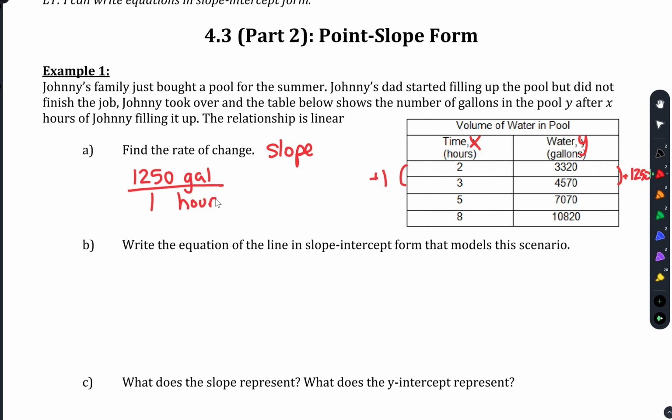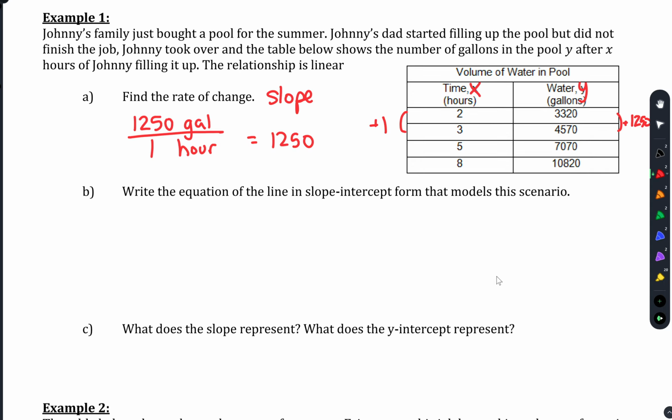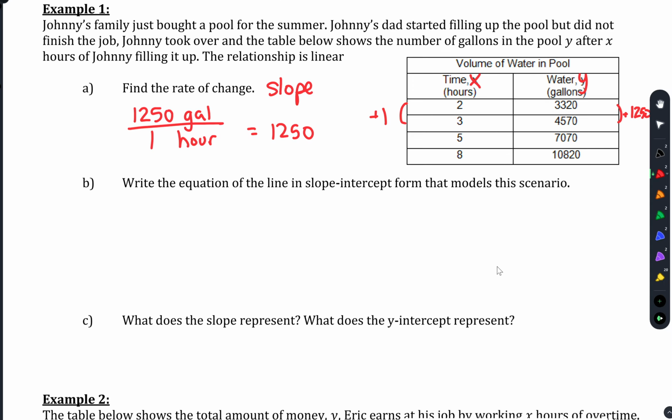So my slope here is 1,250 over 1, or if we just want to write that as a whole number, that's fine too. Okay? That's slope.